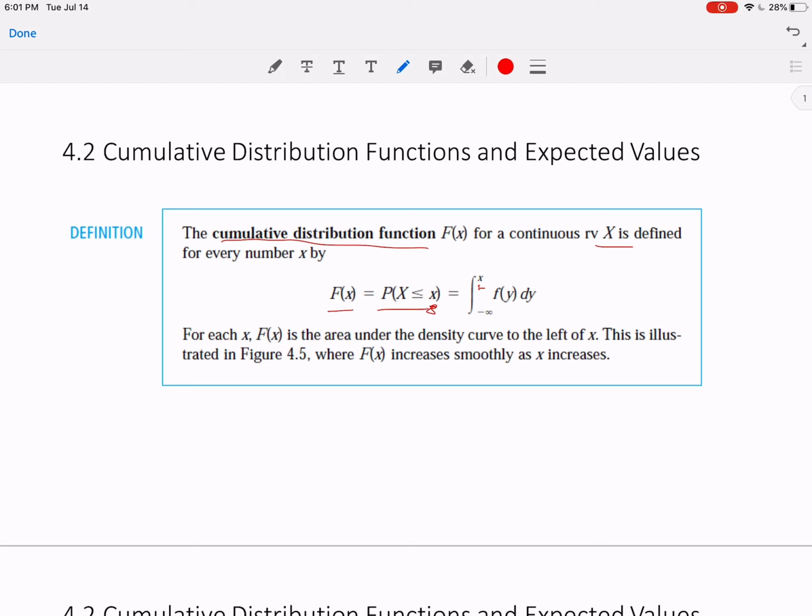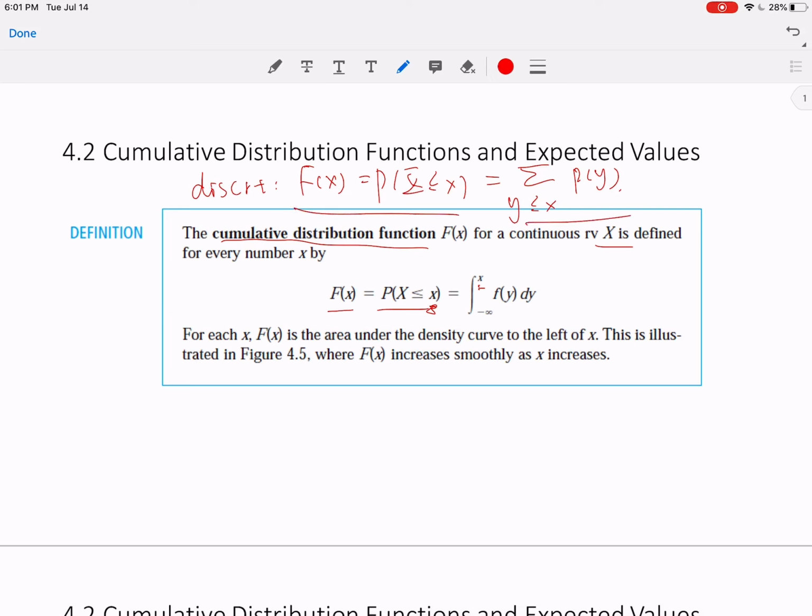So we know that when we worked with discrete random variables, F(x) is equal to the probability that the capital X is less than or equal to the value x, which is equal to the sum over y less than or equal to x of p(y).